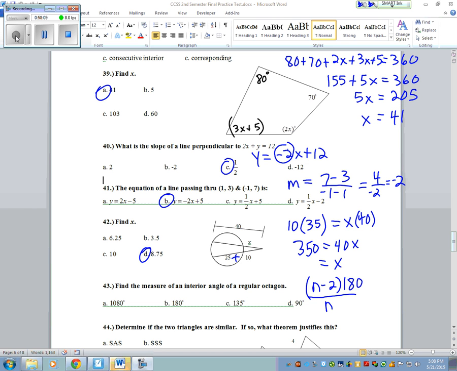So if I changed up the number of sides, it'd be the same formula. This is the formula that we got by figuring out how many triangles you can break an octagon into. You can break it into 6. And each triangle has 180 degrees as the sum of its interior angles. So 6 times 180 would be the sum of all the inside angles. But then you got to divide by 8, because there are 8 angles all equal to each other going around the octagon.